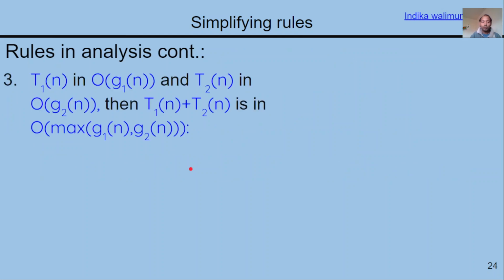So we continue with rules. Okay. So if there are two cost functions, T1n that is in big O of G1n, and T2n in big O of G2n, then the cost analysis of the sum of the functions is in big O of the maximum of the two, G1n and G2n.